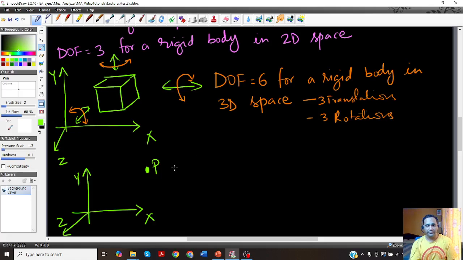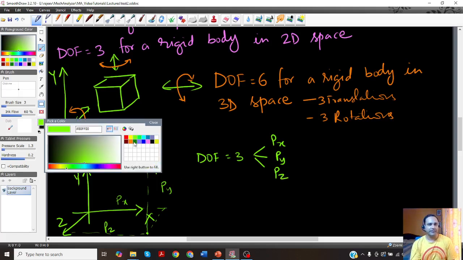If I project something like this, this part will become Px, then this is Py vertical, and then Pz. So degree of freedom is 3. One way of writing is I should know what Px, Py, Pz are.